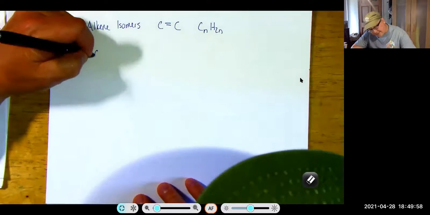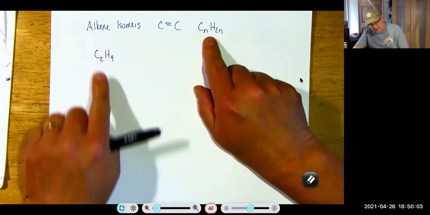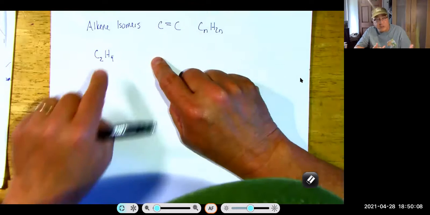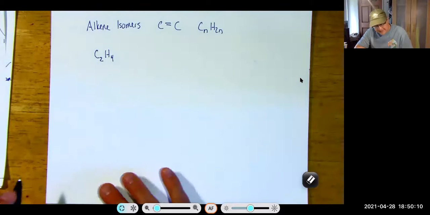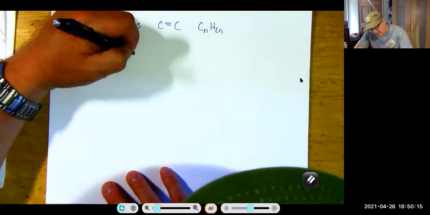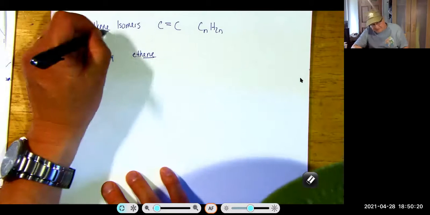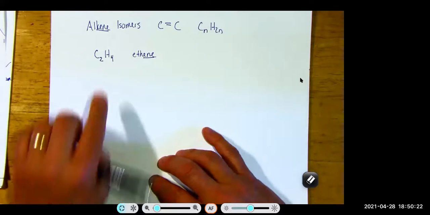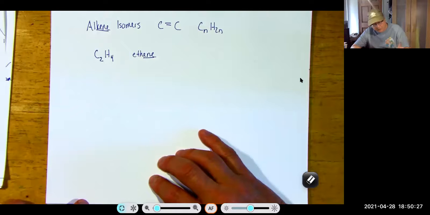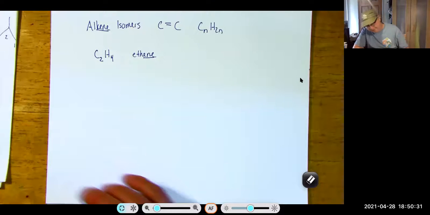So when we look at C2H4, and remember, you have to have two carbons, so you can't have a C1, that's an alkene. This one is called ethene. The ene matches the alkene part. Is that also the same formula for the cycloalkanes? Yeah, but we'll worry about those later. We're going to focus just on the alkenes.